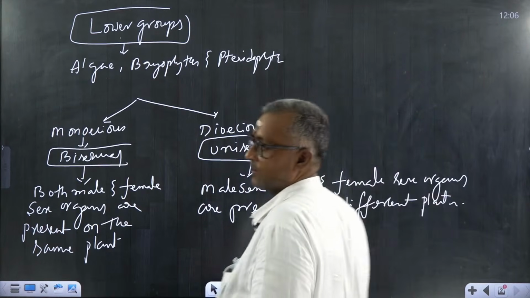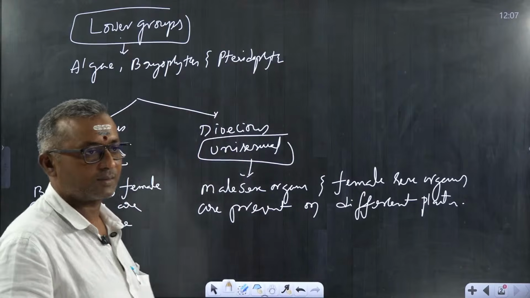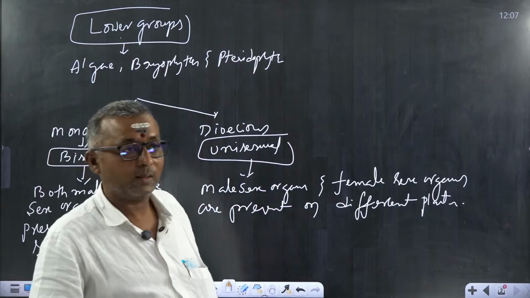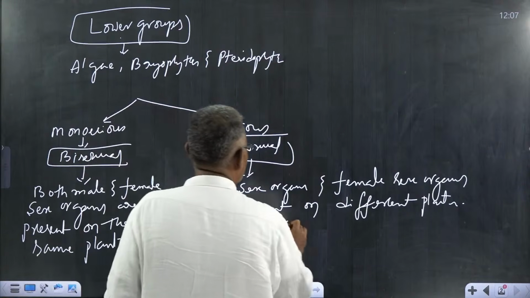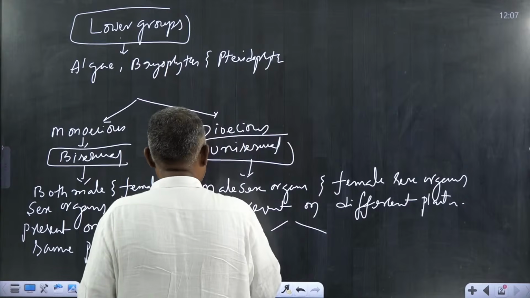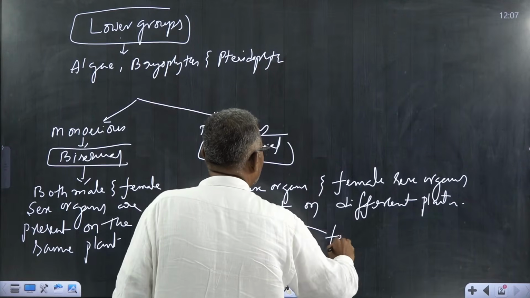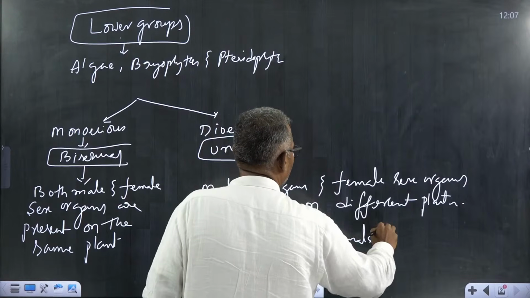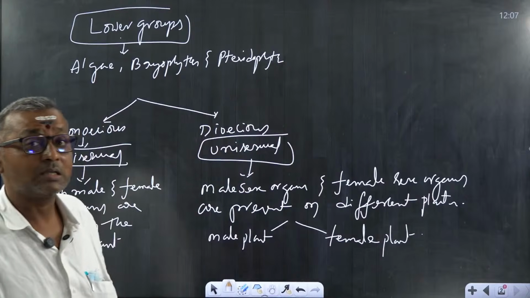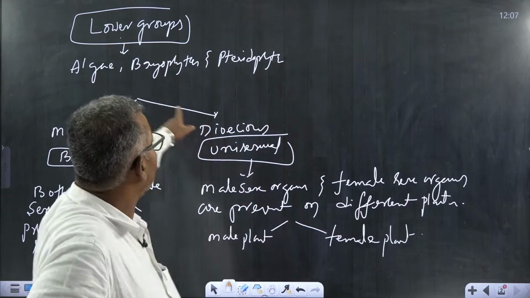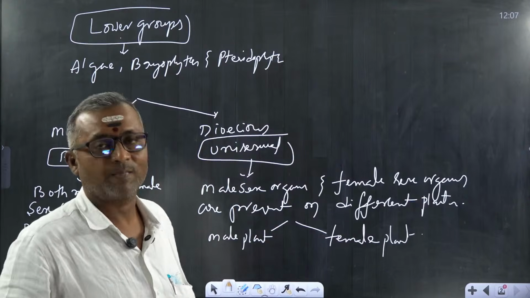So here you can find a separate male plant and a separate female plant. Understood? That is dioecious. This is the case in lower groups of plants like algae, bryophytes and pteridophytes.